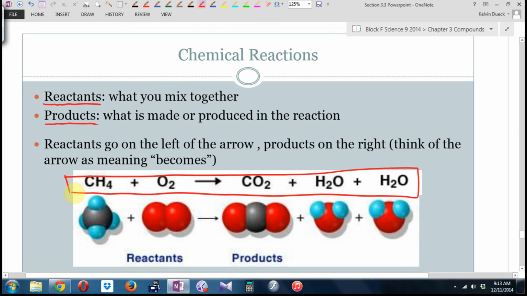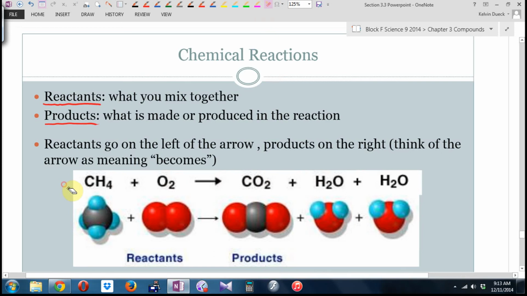CH4, which we would call methane, it's a special molecule, plus oxygen turns into carbon dioxide and a couple of water molecules. That's Science 10. Lindsay, that's a hydrocarbon. It's an organic molecule. It's also called methane. Yes, it's also technically carbon tetrahydride, but nobody calls it that. Pardon me? No, it's just a picture for you. Okay?